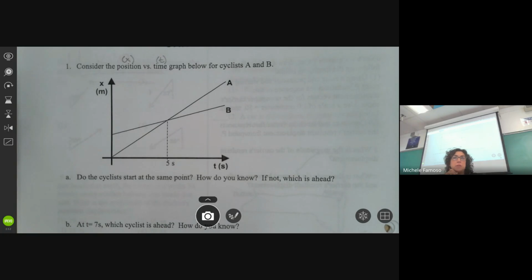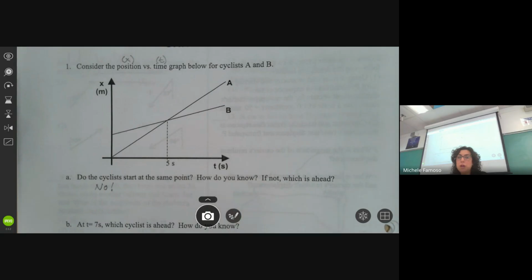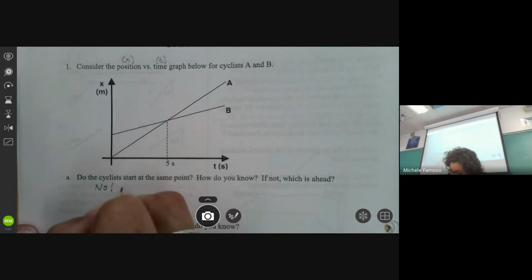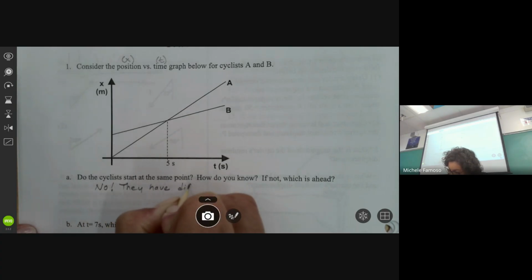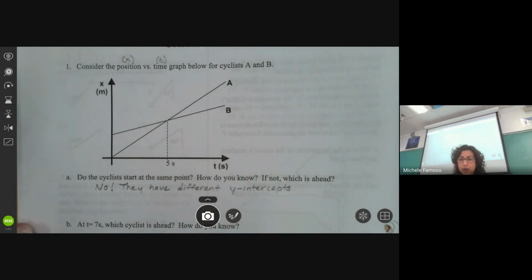Can you tell me? Look at that graph. Are they starting at the same point? No, that's right. So the answer to this is no. How do you know they're not starting at the same point? That's right, they have different y-intercepts. So which cyclist starts ahead?